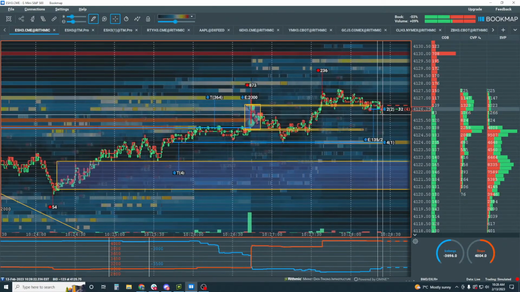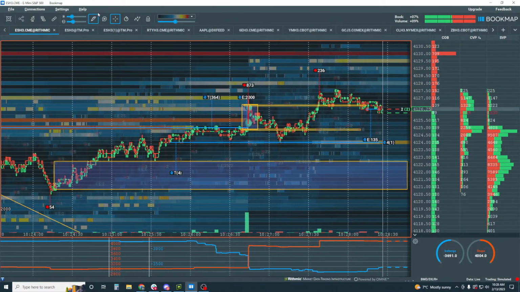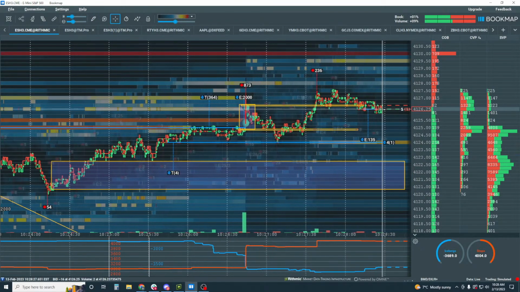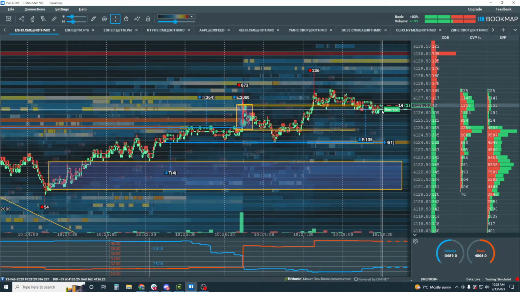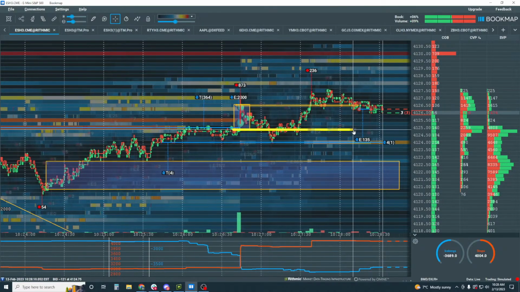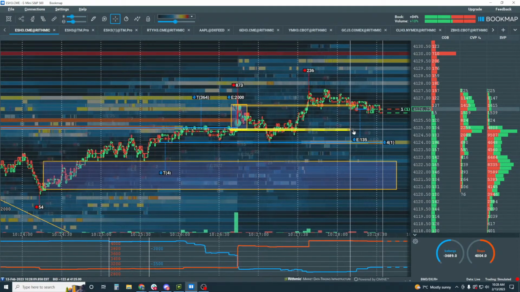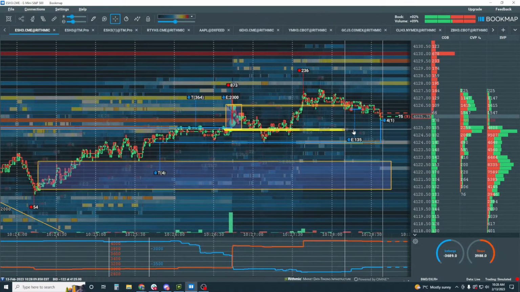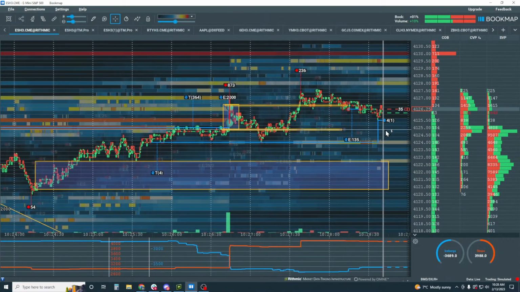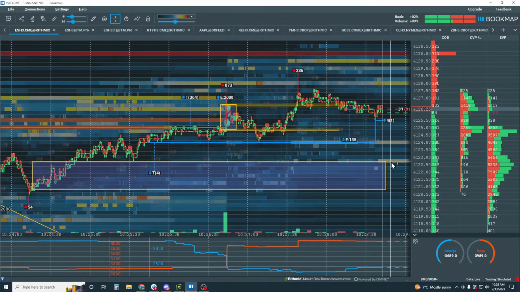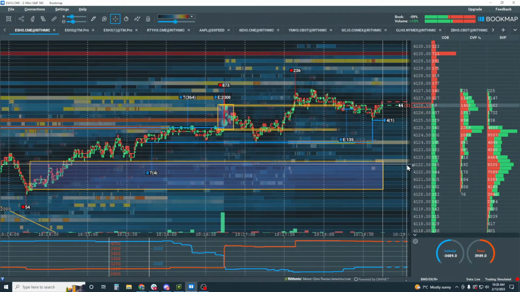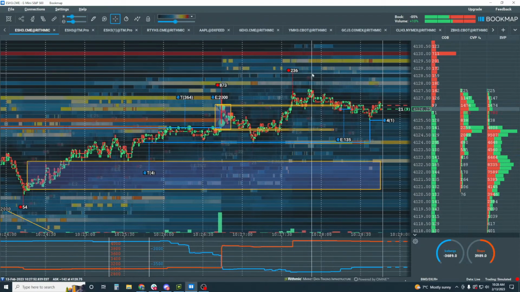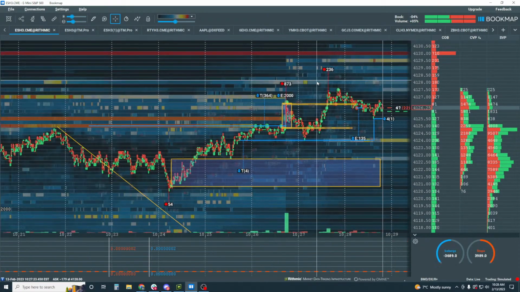We look for sellers right in here, and then the first test would be for the sellers to hit into 41.25 again. If they can hit into that and still sell off, then we're looking for probably back down to about 22.5 or so.